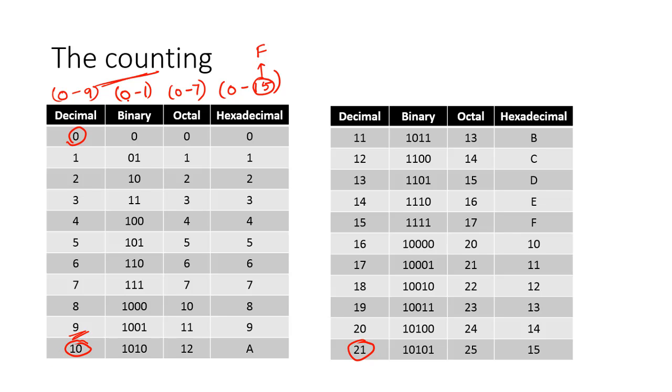In the binary number system I have given 0 and 1. What happens after 1? It is 1 0. Octal number system 0 to 7. What happens after 7? It is 1 0. Hexadecimal number system, it is 0 to F. After F, what happens? It is 1 0.